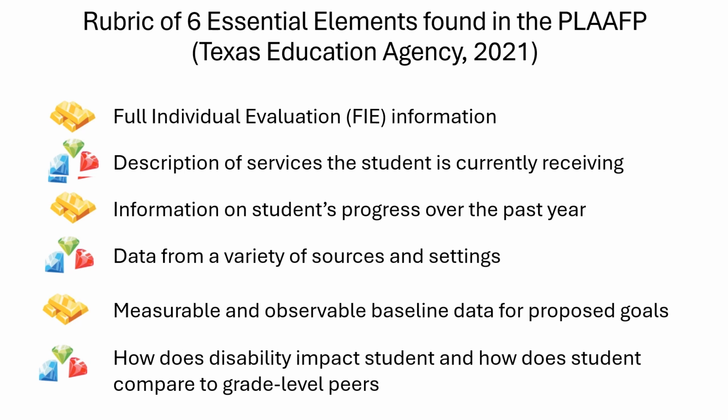It's information on the student's progress over the past year. It's data from a variety of sources so that we build a rich tapestry of who that student is. There's measurable and observable data on any goals that are going to be proposed. And it talks about how the student's disability will impact them and how the student compares to their grade level peers.